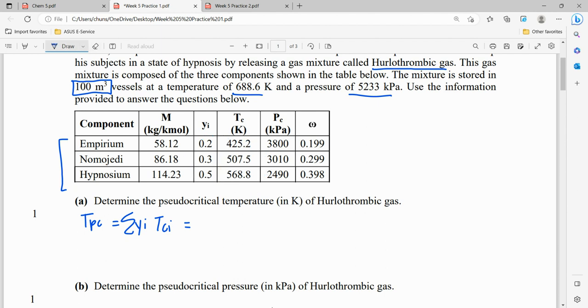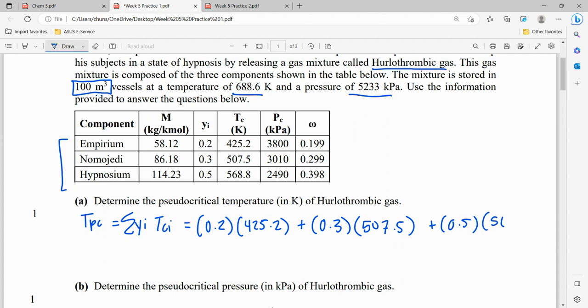So let's start with the first one, 0.2, and that's 425.2. And it's already in Kelvin, so we don't have to worry about any conversions. This is 0.3 for the second one, and plus 0.5 at a temperature of 568.8 Kelvin.